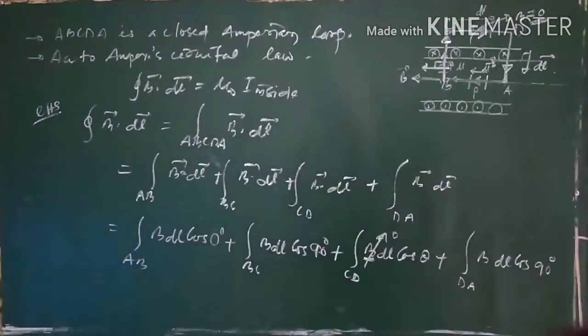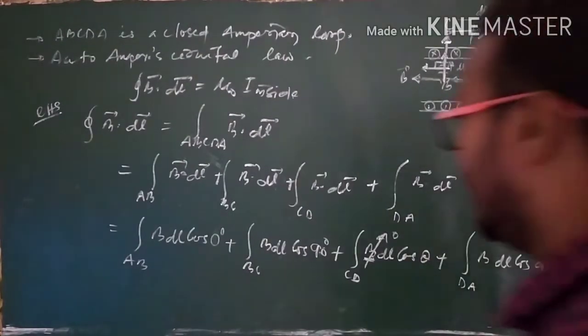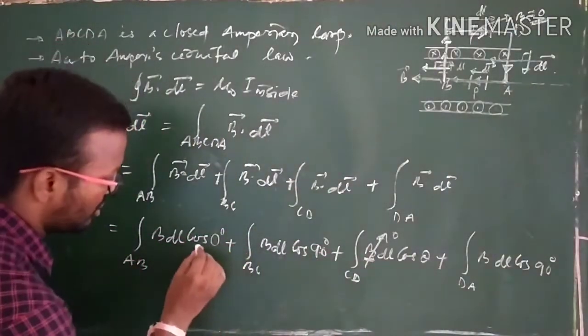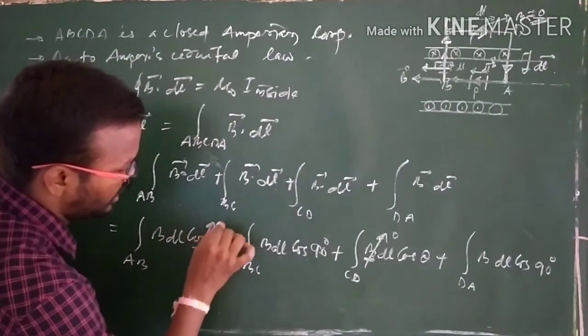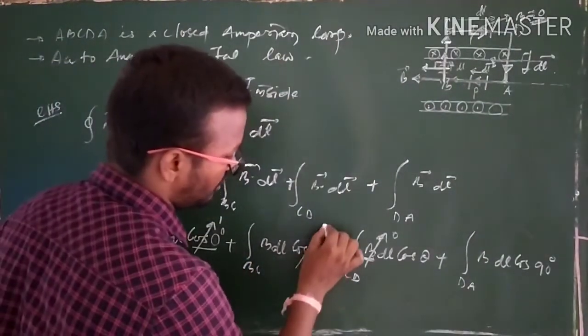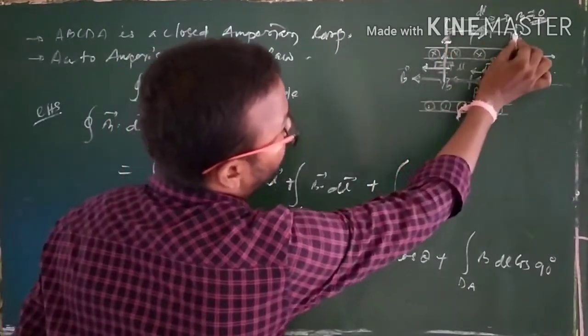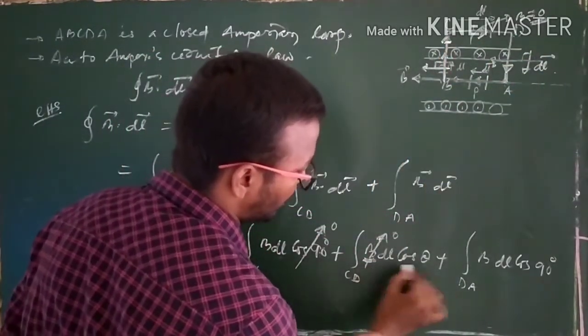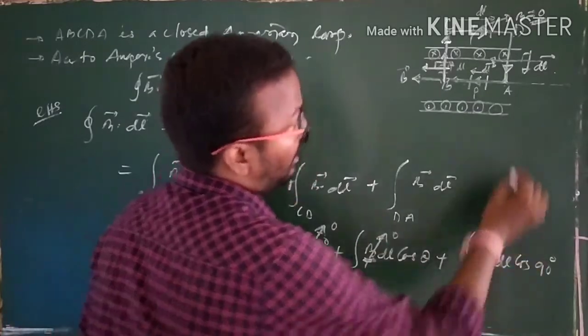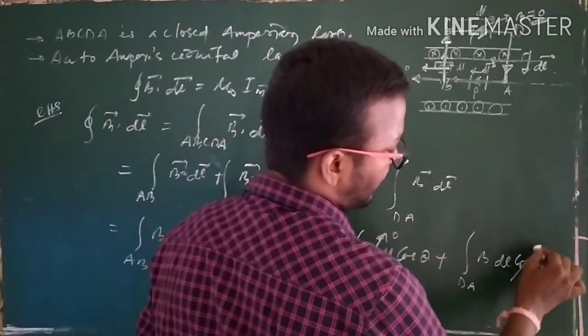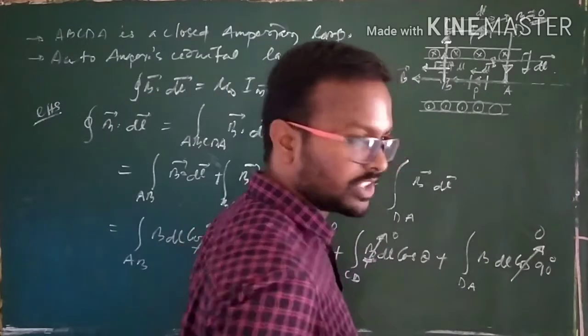Clear? Now use the values. What is cos 0? The value of cos 0 is equal to 1, and cos 90 is equal to 0. But for C to D the magnetic field strength is 0, so the total term is 0. Then for D to A, cos 90 equals 0.